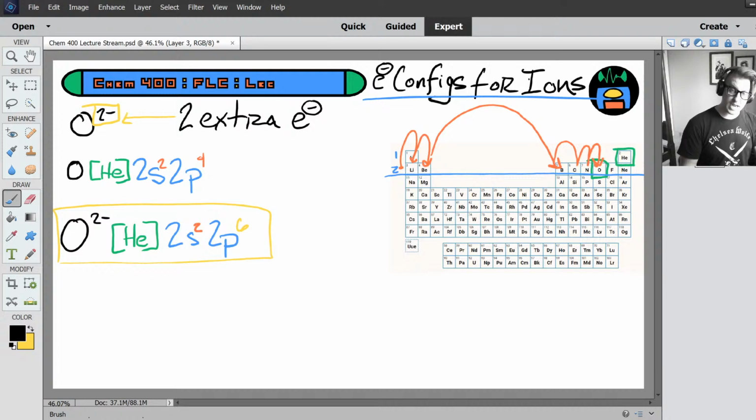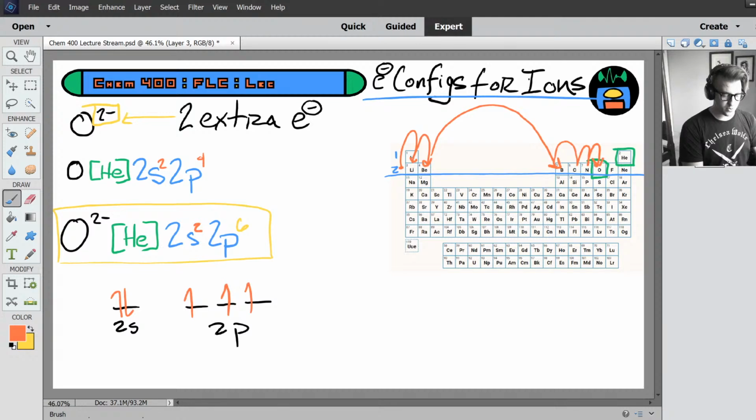Now the orbital diagram, once you have the electron configuration for oxide, you can write the orbital diagram. It'll have our electrons in the 2s subshell as well as the 2p. Right, and so this will be 2 electrons in the 2s and 1, 2, 3, 4, 5, and 6 electrons in the 2p.